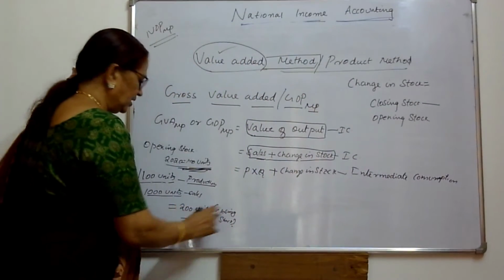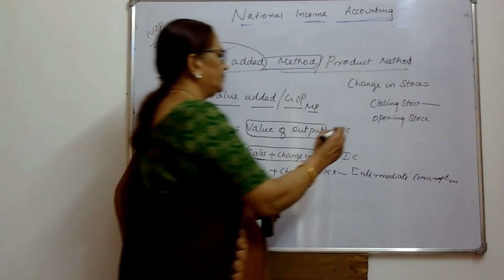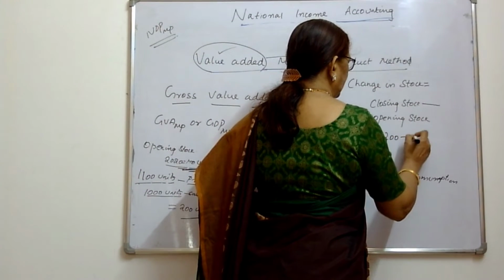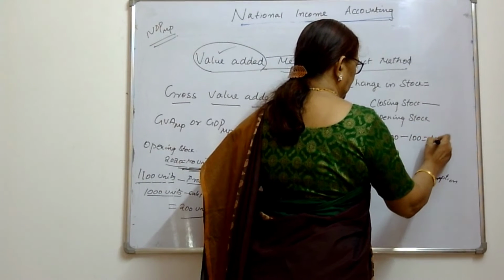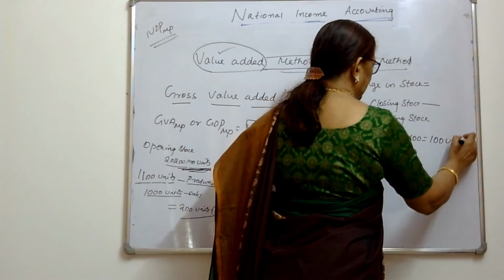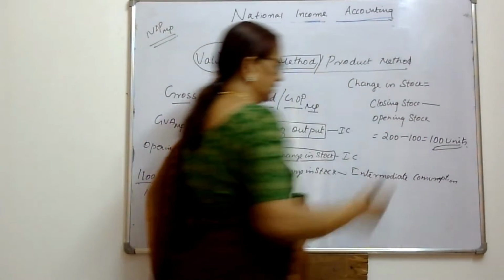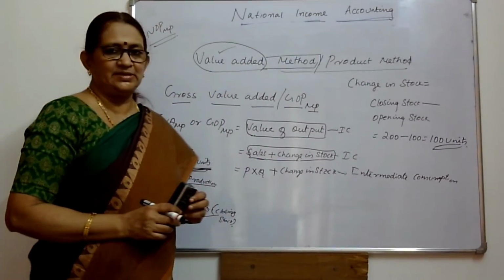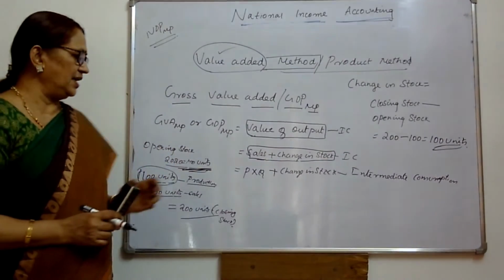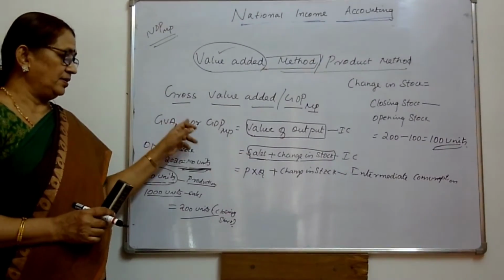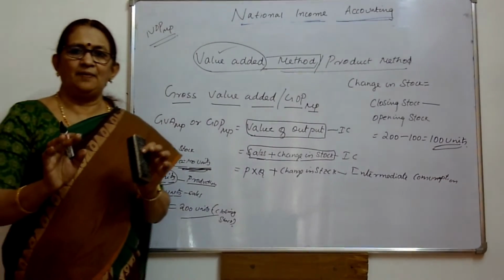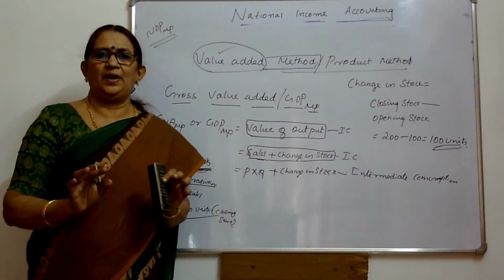Closing stock is 200 units and opening stock is 100 units. So change in stock is 100 units. Sales plus change in stock minus intermediate consumption is the value of GDP at market price. So this is the basic of value added method.